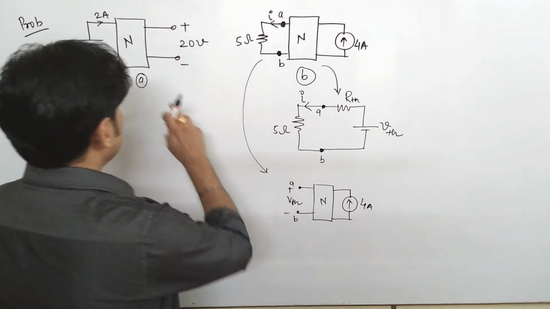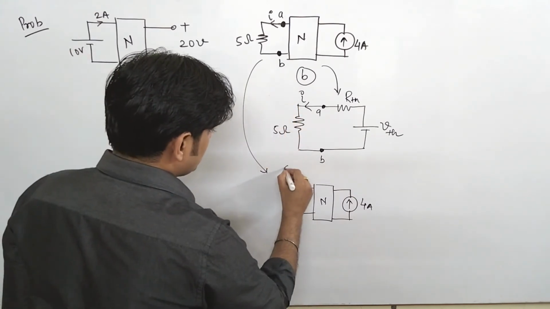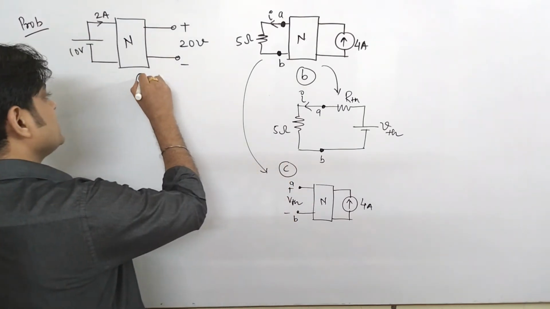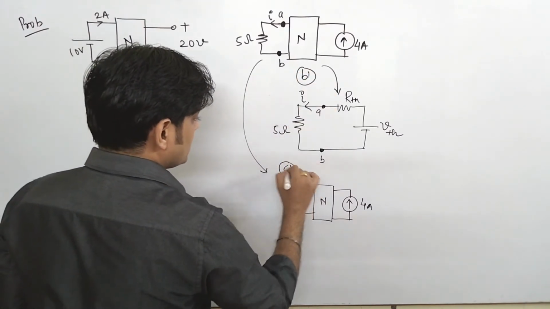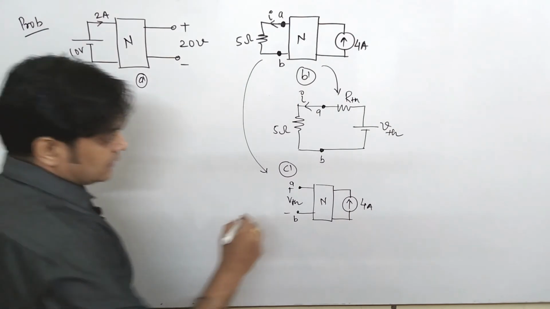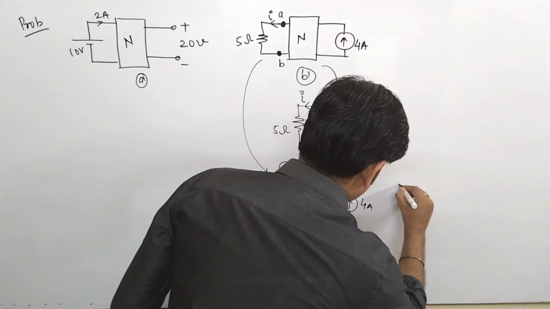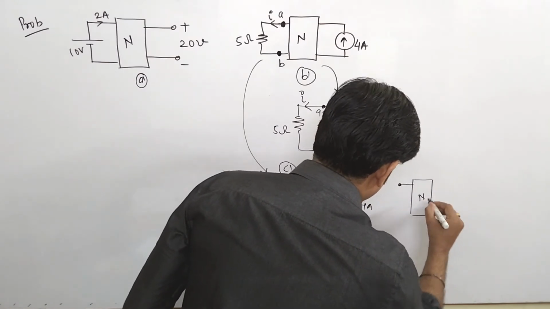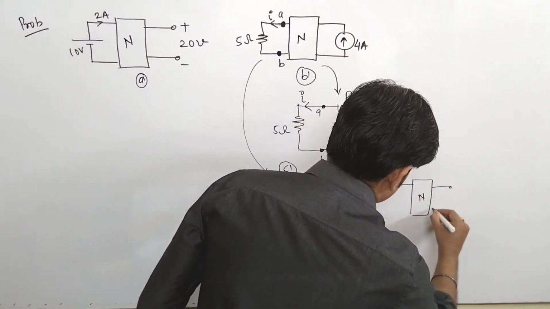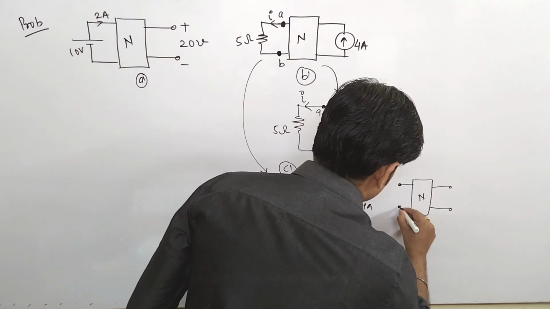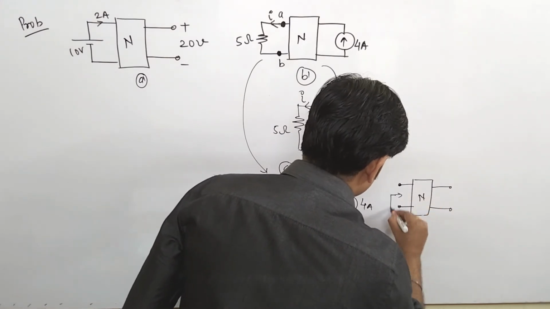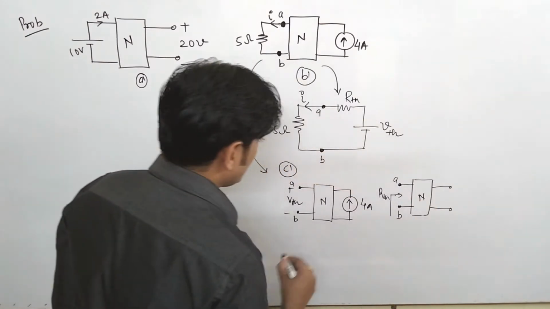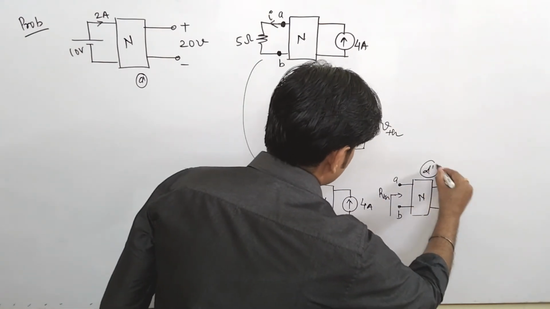If this is A, B, say this is network C, or you can say it is A dash, B dash, so it is C dash. Similarly, one more condition we will draw here. This is your network N. This will get open circuited, and this resistance is known as RTH. Again it is AB. So call it D dash.